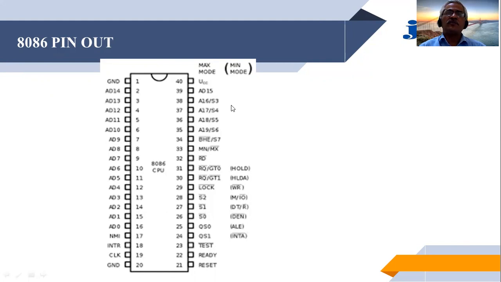And the high order bus from A16 to A19 carries A16 to A19 as well as the status signals S3 to S7. These signals will be of concern to us because they are multiplexed, and in the timing diagram of the bus cycle operation, these signals will definitely come into picture.